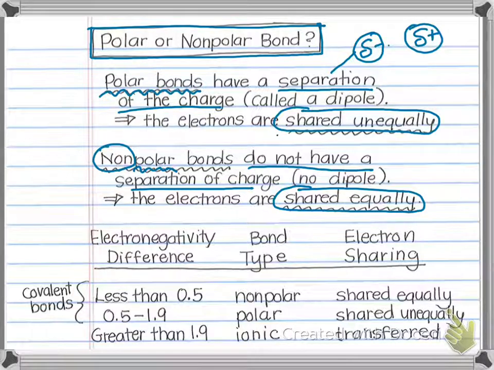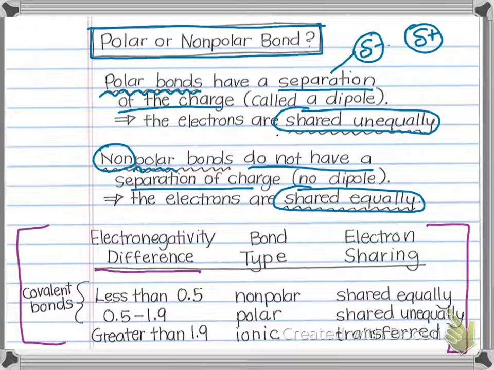So as a general rule, we can use this table here below to help us predict what type of bond would form. So we can look at the electronegativity difference, and the first one says if it's less than 0.5, then we consider that it is a nonpolar bond, and what that means is that it's shared equally.